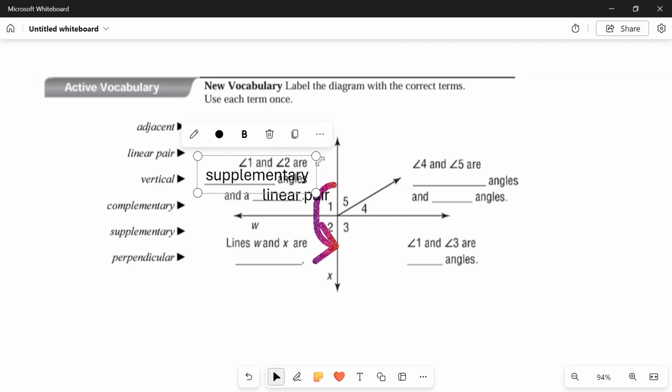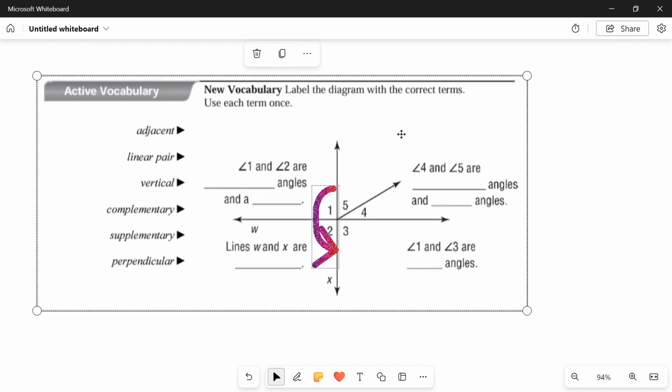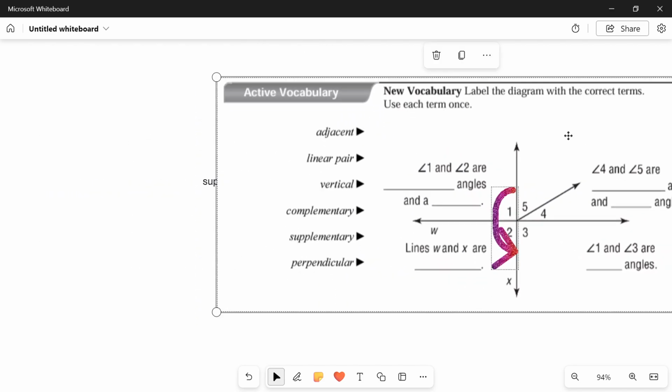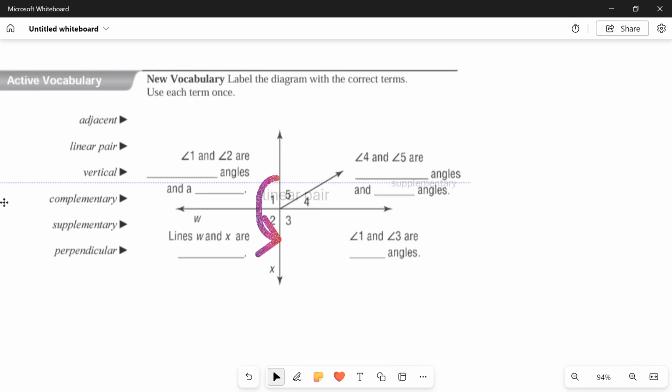So they are supplementary angles that add up to 180 degrees. Oh boy. We lost the supplementary. Yikes. Okay, let's see if we can bring that back and drop it here. We have supplementary angles. But watch, now I moved it.